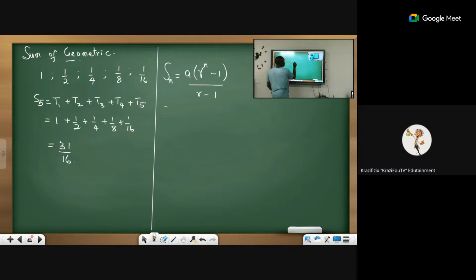Let's try it. What's our a? 1. What is our r? 0.5, or we can say half. How many times are we adding? 5, minus 1, over half minus 1. Please put this in your calculator. Use the formula first.